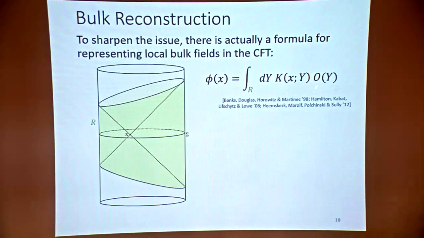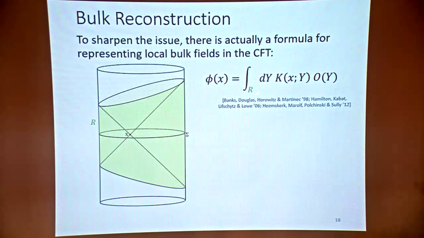And K is a smearing function that is being integrated over, and it's obtained by solving the equation of motion in anti-de Sitter space with certain boundary conditions. The exact details of what K is are not terribly important. The important thing is that there is a K which gives a representation of the bulk operator as such an integral.